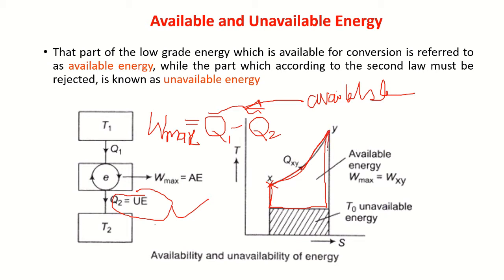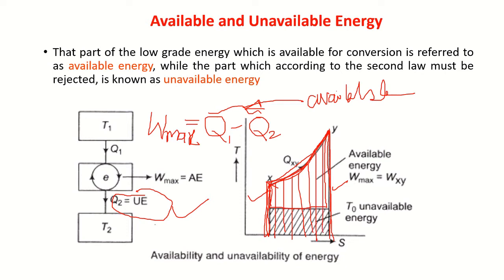So the total heat that has been supplied is the area under this curve, as I explained earlier. These two are adiabatic processes. So total heat that I have supplied to this engine is the area under this curve. This is the total area.